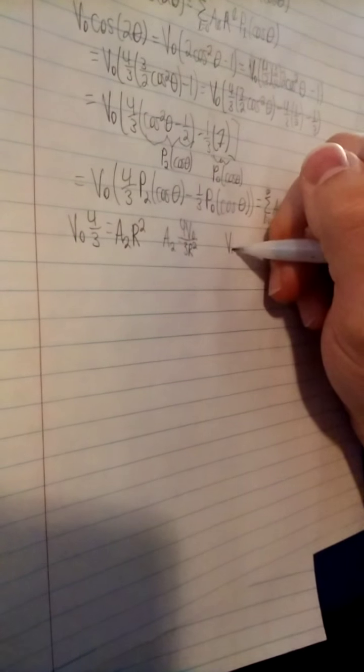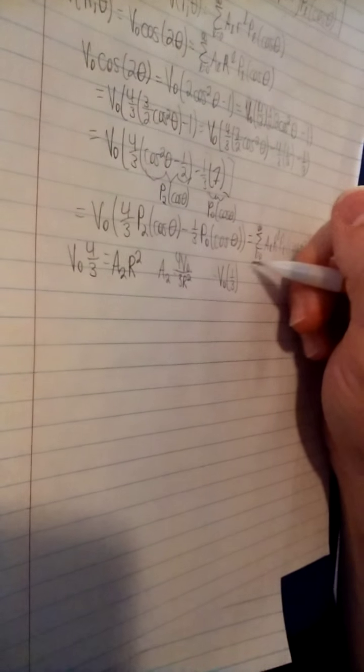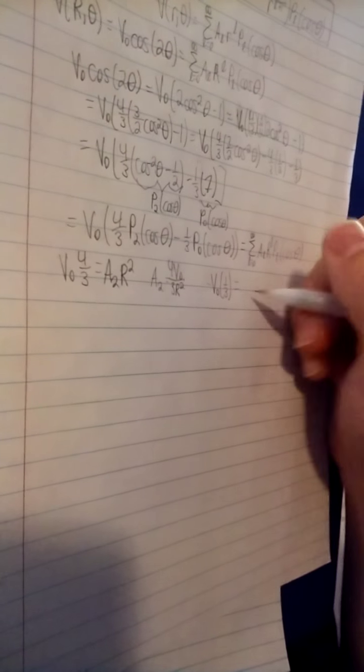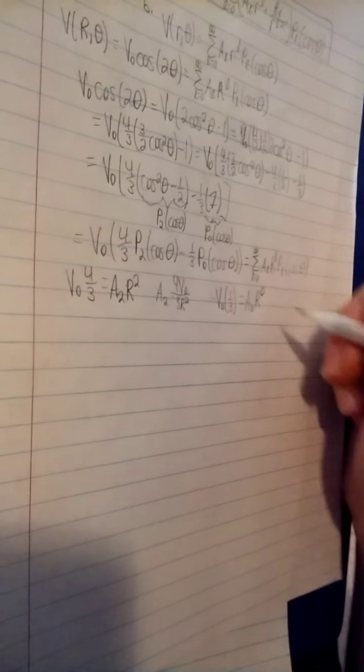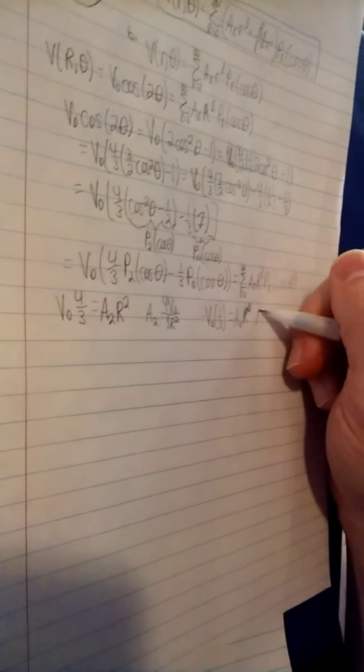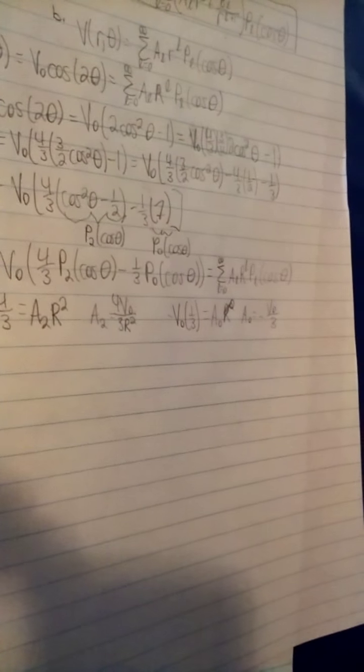And for the 0 term, we have negative V naught times 1/3 equals A naught R to the 0th. So A naught is just negative V naught over 3. All the other constants go to 0.